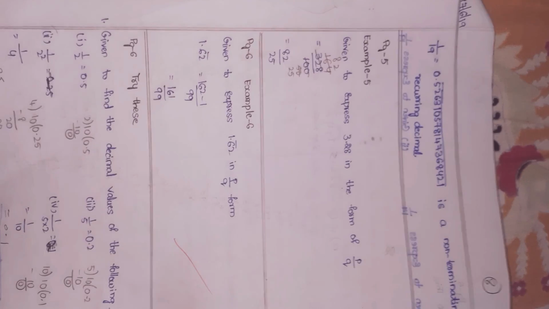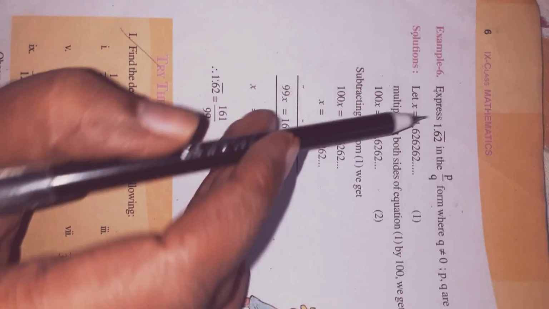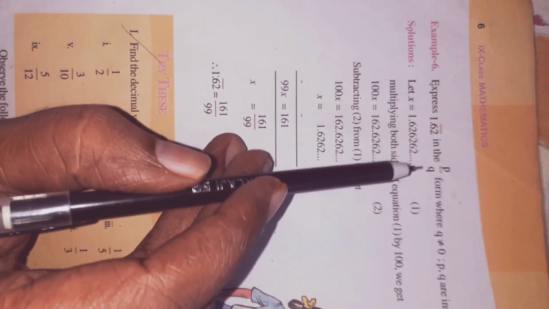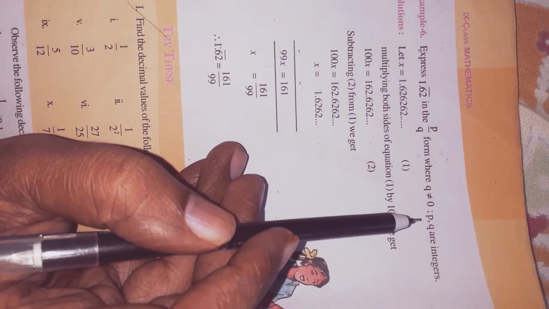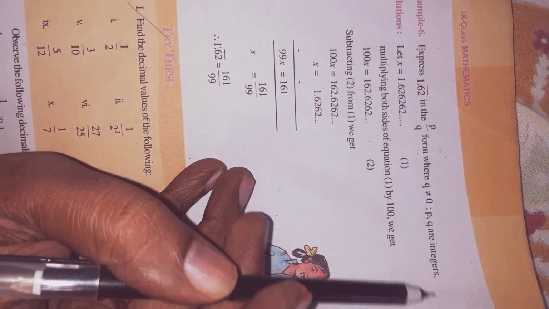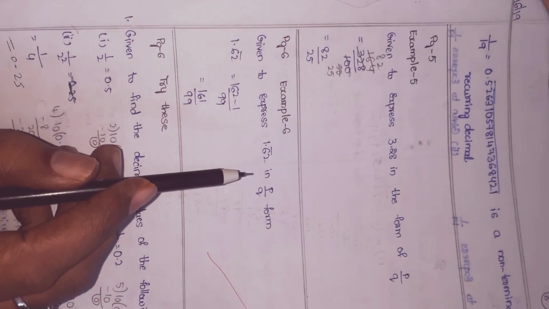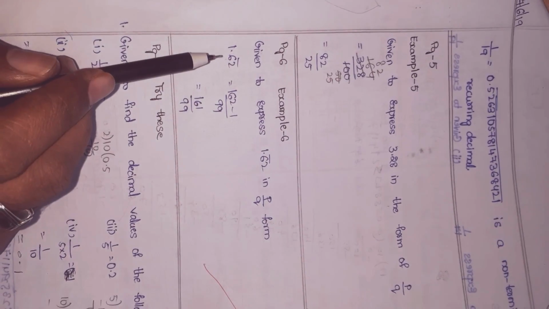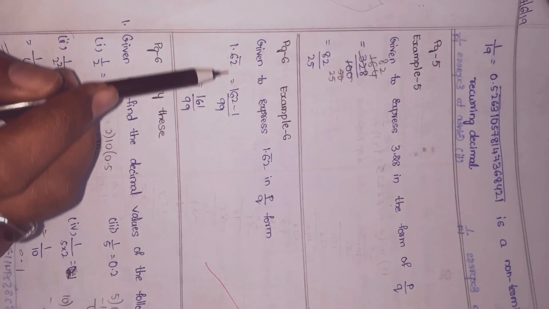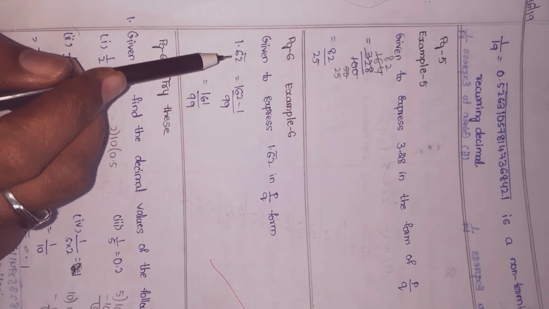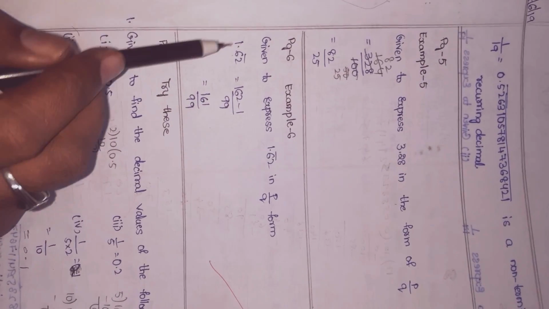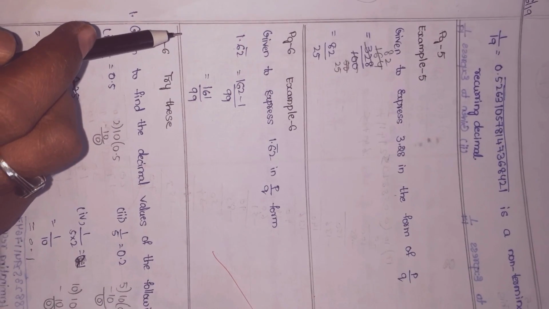Next example 6, children. Express 1.62 bar in the p by q form, where q is not equal to 0, and p, q are integers. So 1.62 bar, we can write directly like this, children. 162 minus the number without bar, we should do subtraction.